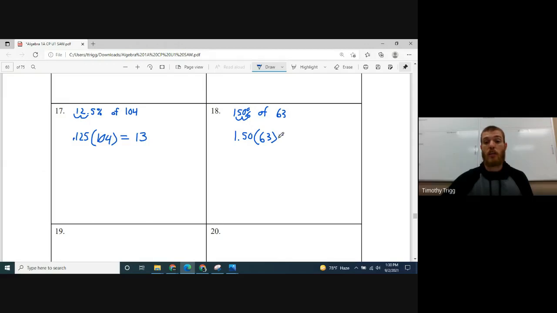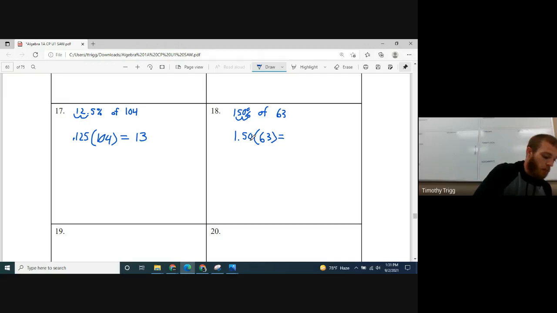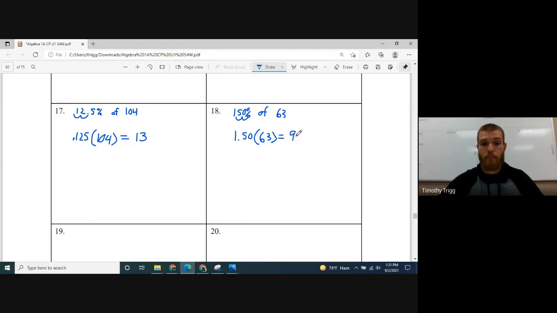So our answer is actually going to be greater than 63 because 100% of 63 is 63. So 150% of 63 should be more. Let's see. 1.5 times 63. This gives us 94.5. So again, whenever you're finding a percentage of a number, just change that percentage to a decimal and multiply that together.